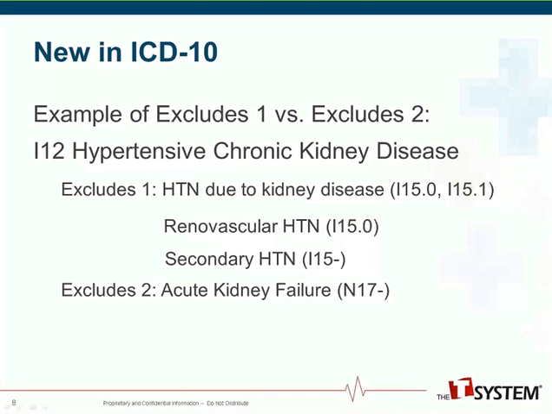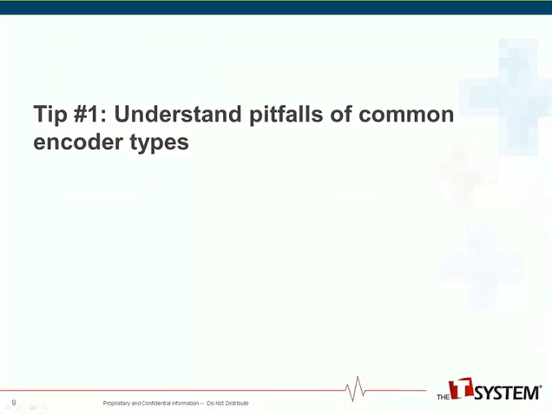So, for example, you've got an acute on chronic condition, and sometimes ICD-10 has combination codes that indicate acute on chronic conditions, and sometimes it doesn't. If you do have an acute on chronic condition and don't have a combination code, often you have to use 2 codes to fully describe that condition, and here's an example of that.